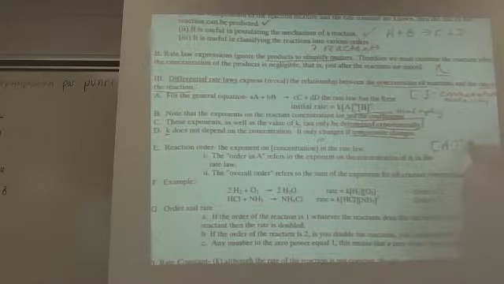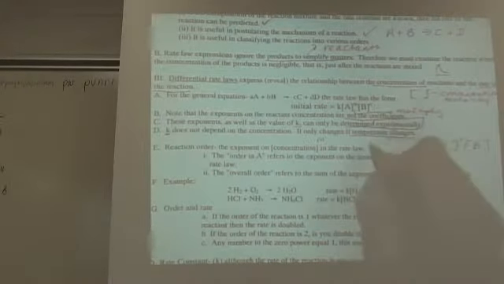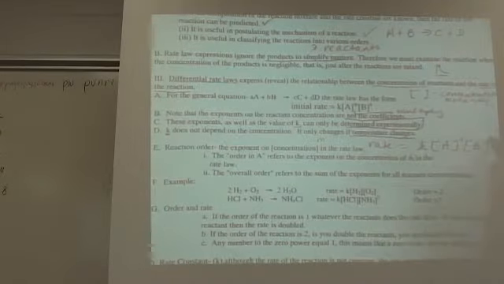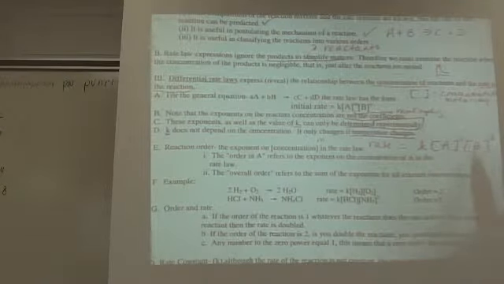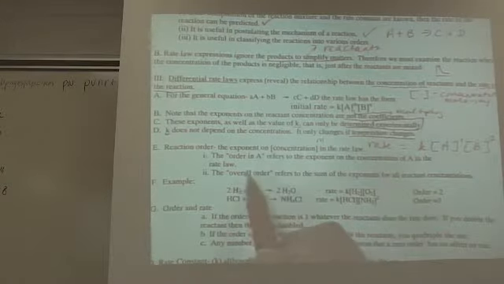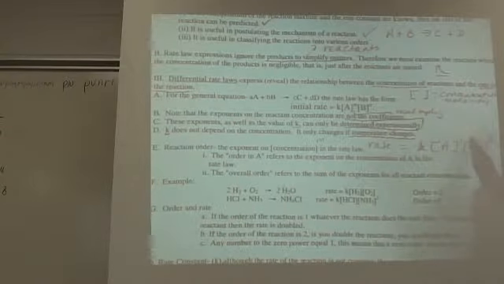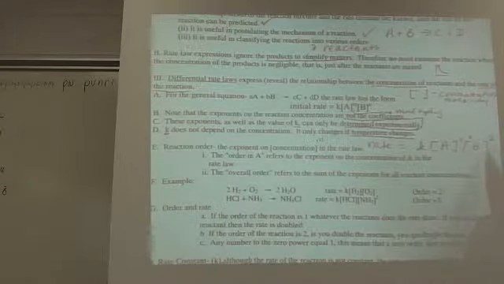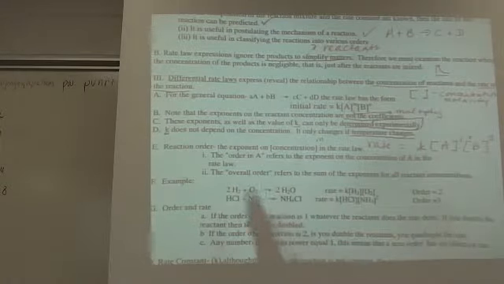If I had a reaction that had the rate law that looked like this, I would say the order of B is 2. If I wanted to know the overall order, I would add 1 plus 2, and I would say the overall order for the reactants is 3.